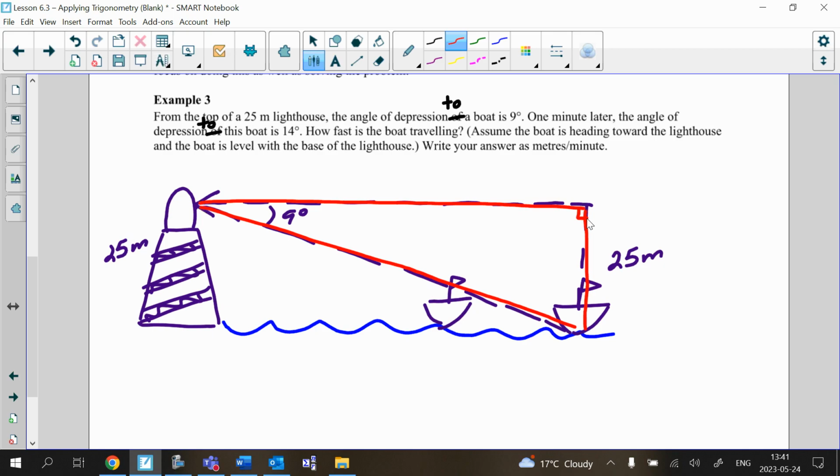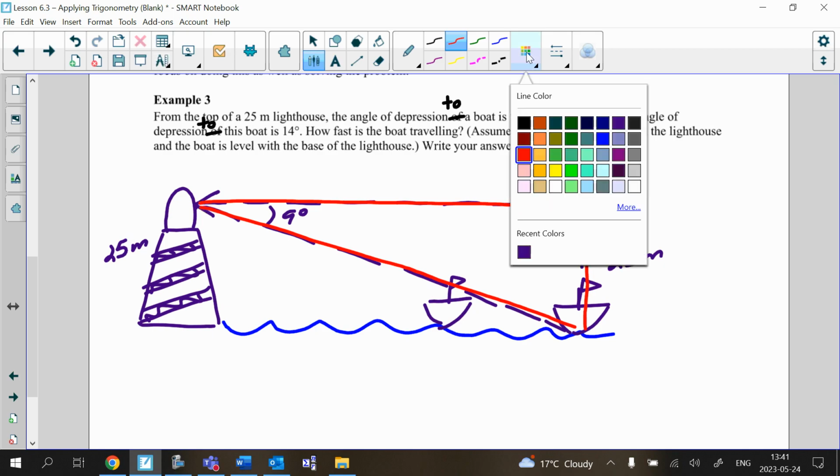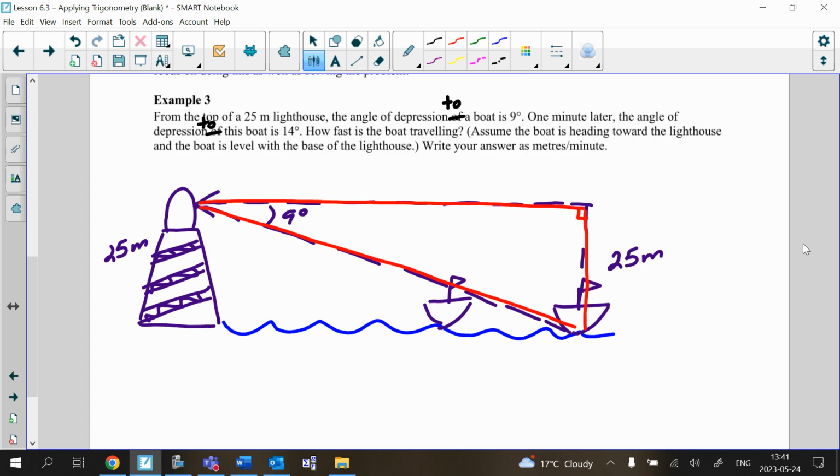Okay. So remember what I'm trying to find. I'm trying to find the distance from where the boat started to where the boat was a certain time later. And I know that at a certain time later, from the lighthouse, if I look again, this time to when the boat's closer, the angle of depression is 14 degrees.